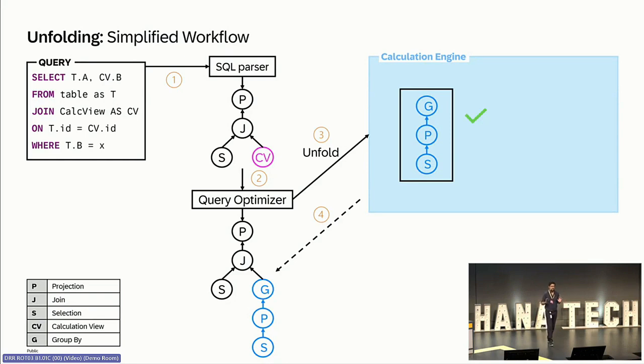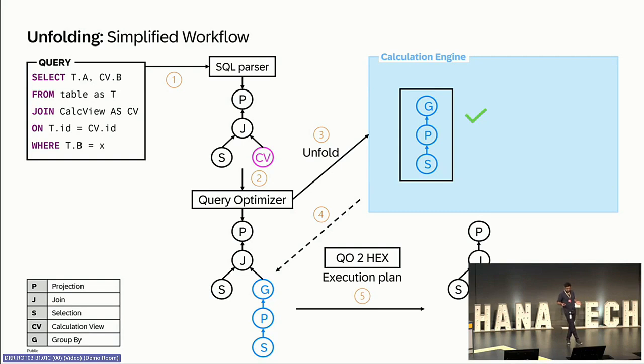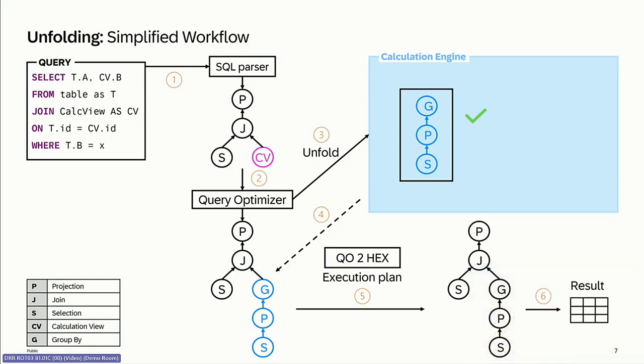That's what we call the unfolding. From step 4 onwards, the calculation engine is out of the picture. Its work is done, so it's not responsible for the execution. It's more of a compiler/optimizer, because the plan will be executed by HEX in step 6 to return the result. This is what Manuel will talk about in detail in the next part.